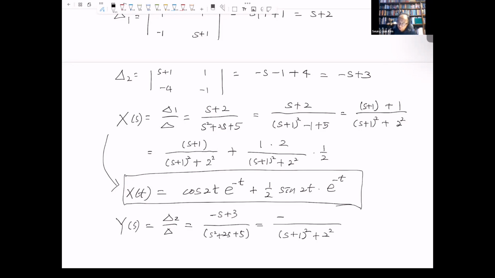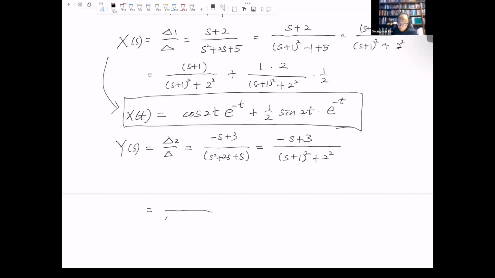The numerator, we have negative s plus 3. We have a denominator s plus 1 squared plus 2 squared, and in the numerator we're going to have s plus 1. That is negative s minus 1. So we need to have plus 4.